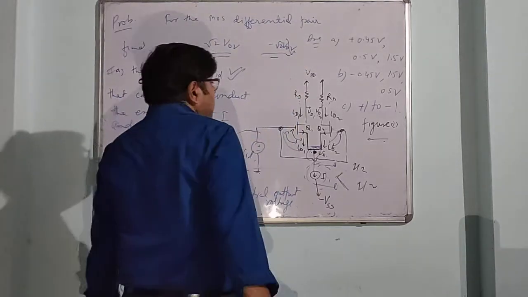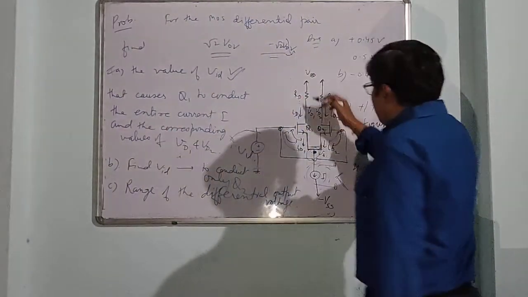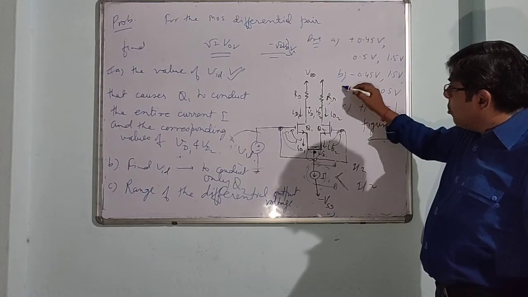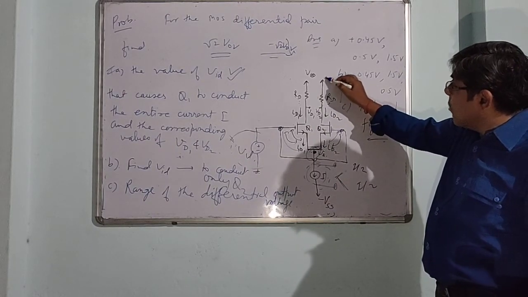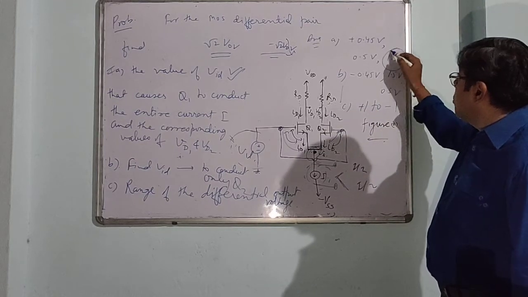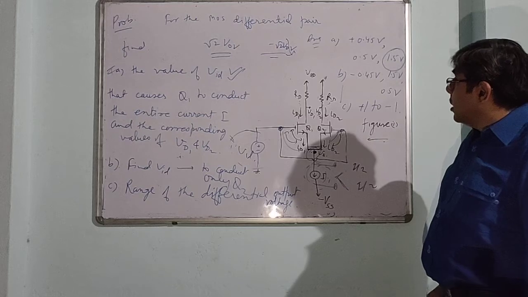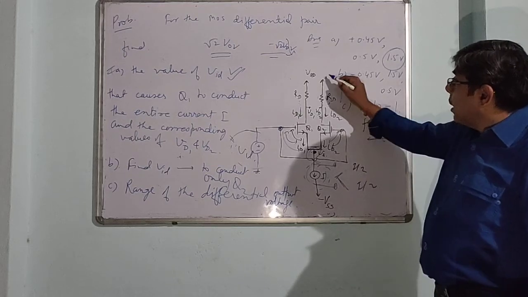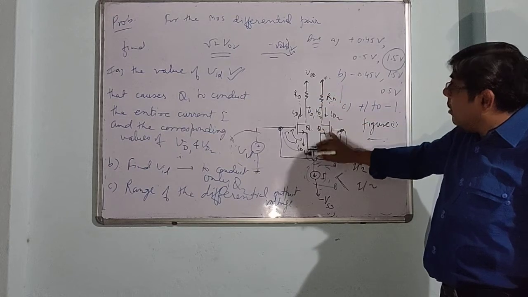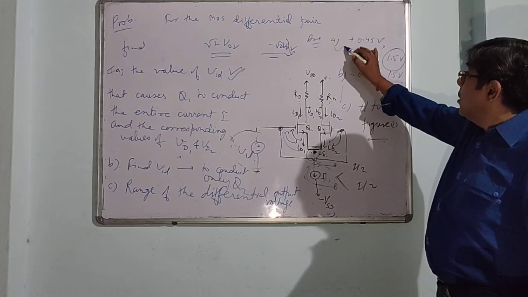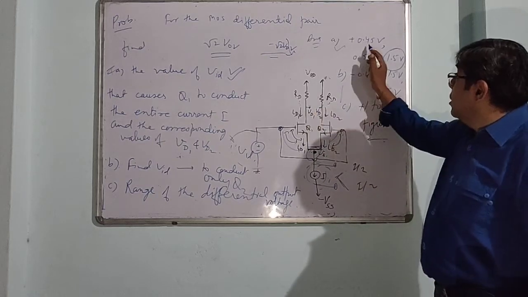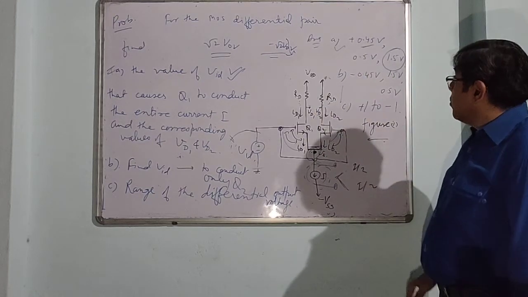When the whole of the current flows through this, no current flows through the other, and the drop will appear at VD2. That's why this is 1.5 volt in one case, because this supply is 1.5. So only current flows through this Q1. For the first case, this is the drop, VD1 is 0.5 volt.